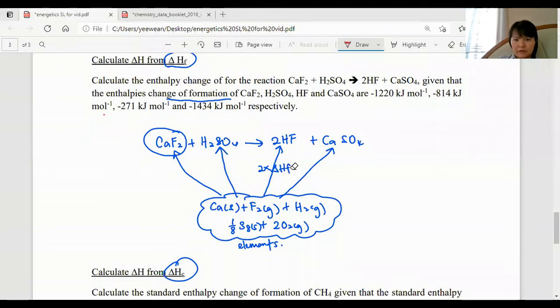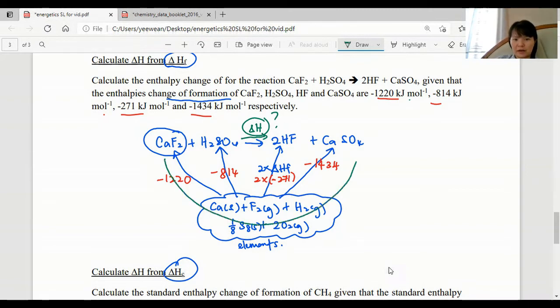Next, I'll write all the values given here. So I put the values there. And since we're calculating this, it doesn't matter if I use the short way or the long way. Now I'm using the long way. The long way shows that I need to go down, so it's the opposite of enthalpy change of formation.